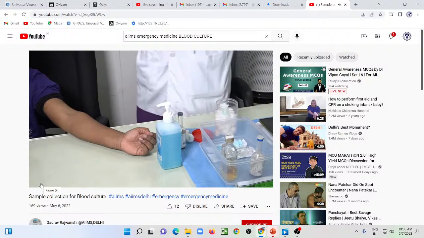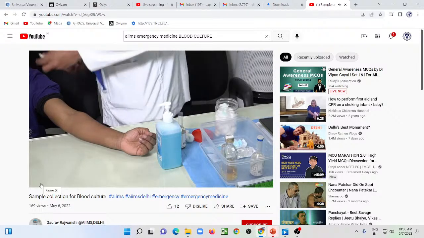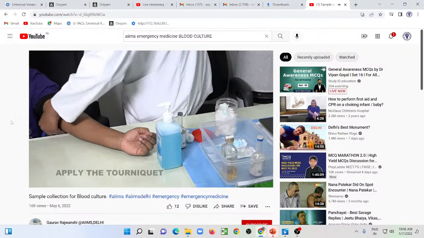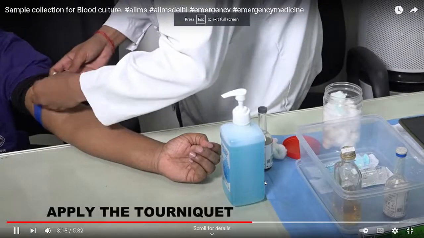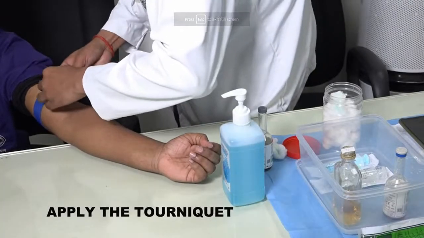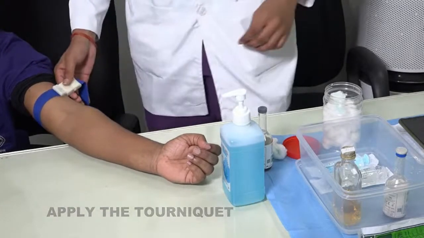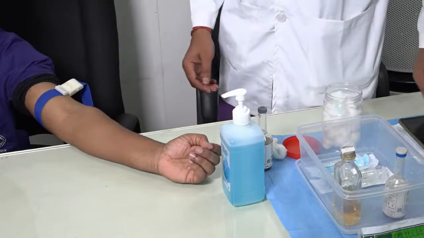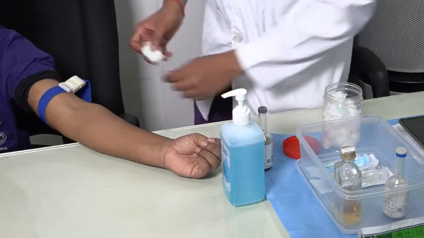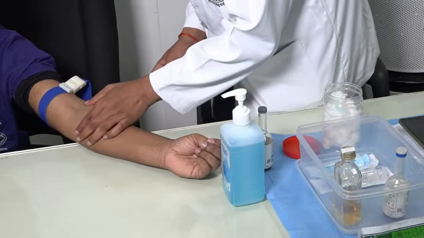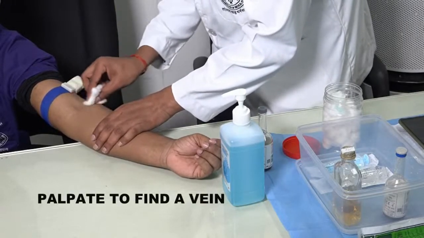Apply a tourniquet. Clean the site and palpate the vein.